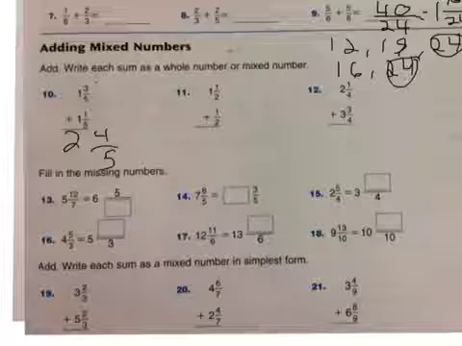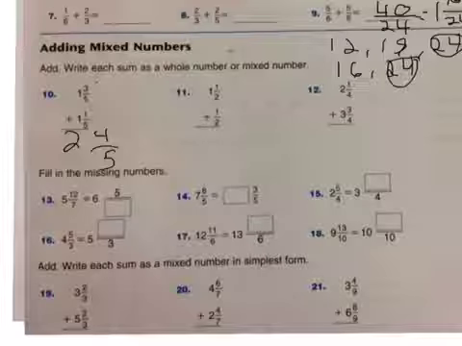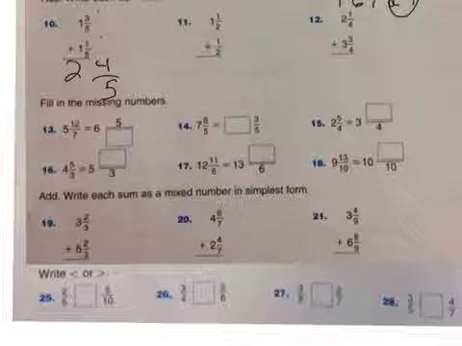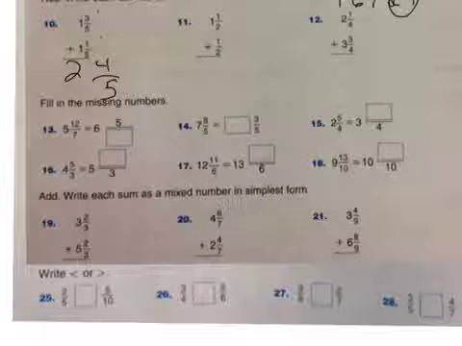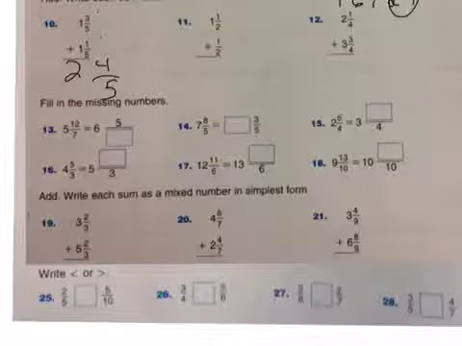And then from 19 to 21, okay, you are adding mixed numbers again with a common denominator. They've made this so easy for you. You don't even have to look for a common denominator. Okay, boys and girls, just do these 2 pages. The math boxes on page 252 we will do in class tomorrow.